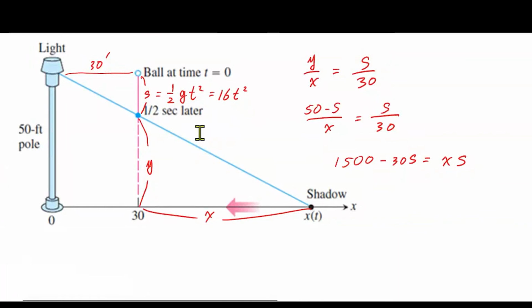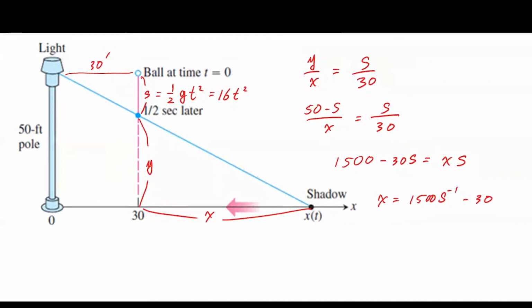You know what I'm saying? Divide both sides by s. So at least x is equal to 1500 over s minus 30. We can keep it as you wish, because doing the same thing over and over is boring. Let me change that to 1500 s to the negative 1 power. How's that?